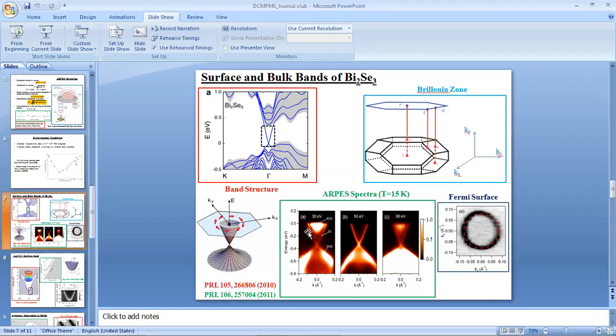If you change photon energy and the band moves upwards, downwards, or changes shape, that has to be 3-dimensional. The 2-dimensional band won't show any change. That is the only way we differentiate between 2-dimension and 3-dimension, by varying the photon energy.